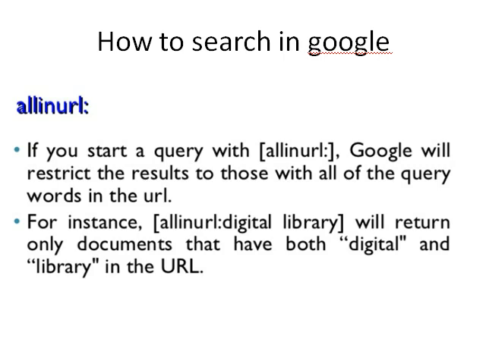It means that all of the words that you write in the Google toolbar must be in a special URL, in a special internet address. For instance, allinurl digital library will return only documents that have both digital and library in the URL, in the address. It is the first one.